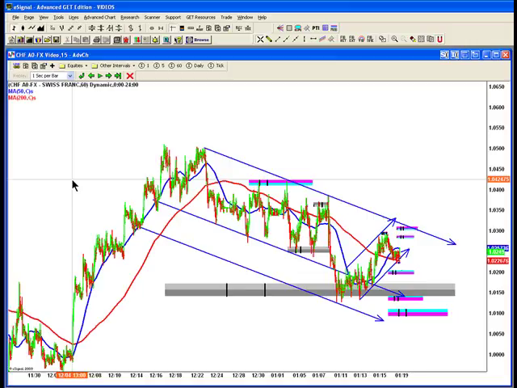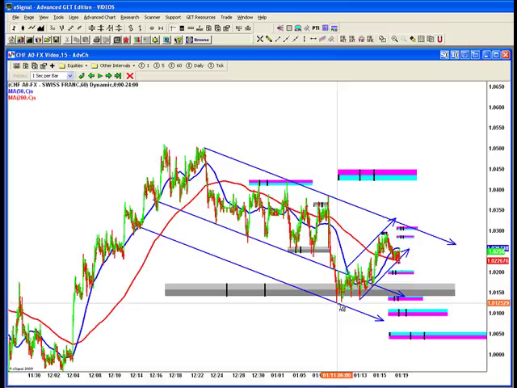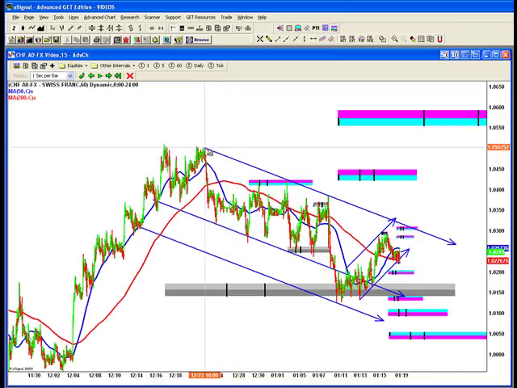We can have support and resistance levels of larger time frame. Let's try to identify some of them. Definitely the one coming all the way from the top.